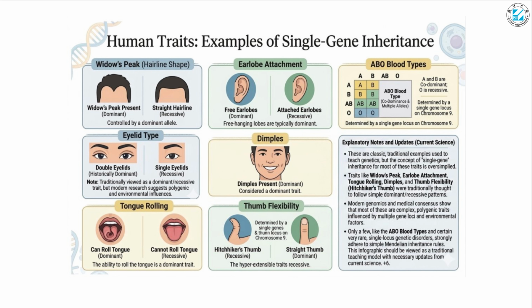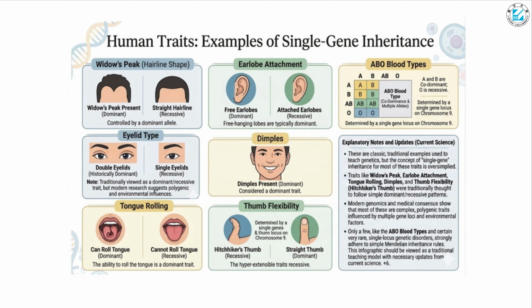Tongue rolling, can roll tongue is dominant, but cannot roll tongue is recessive. Let's see the middle picture. The earlobe attachment. Someone's earlobe is separate. Free earlobe is dominant, and attached earlobe is recessive.